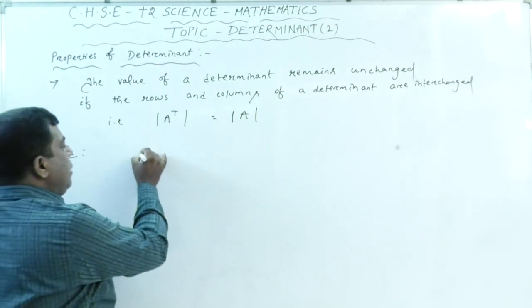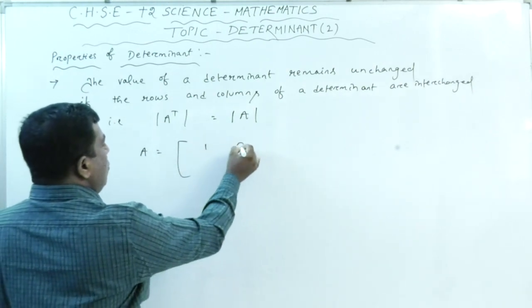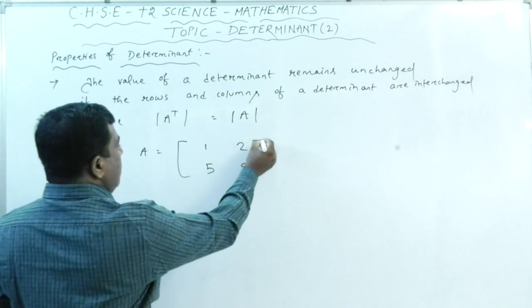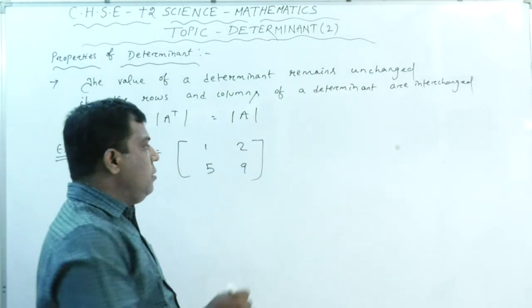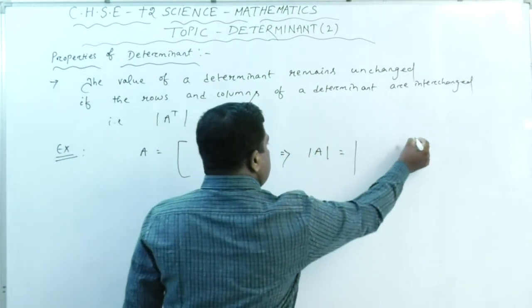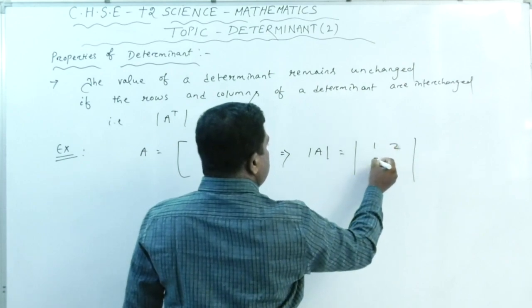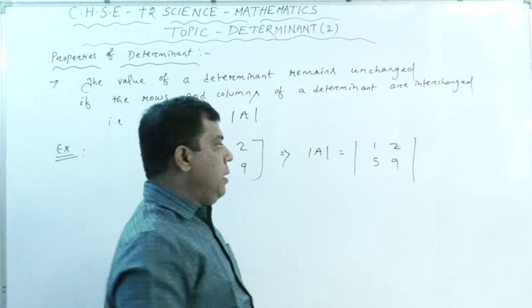Let A be a square matrix of second order, 1 2 5 9. Now what is its determinant value? It is the second order determinant with rows 1 2 and 5 9.